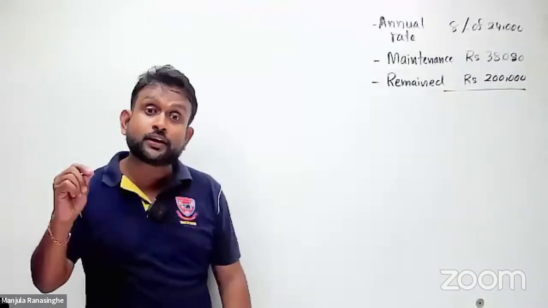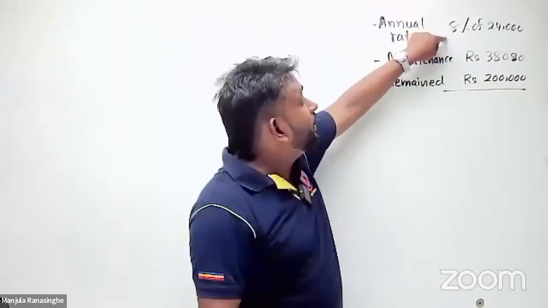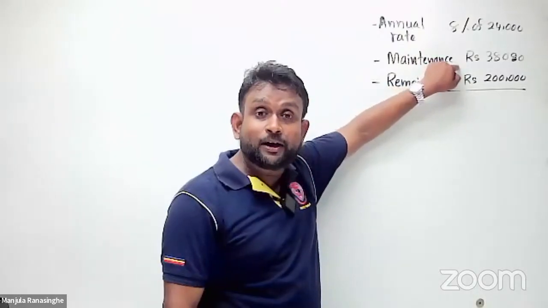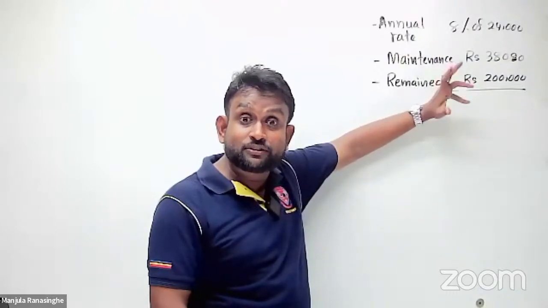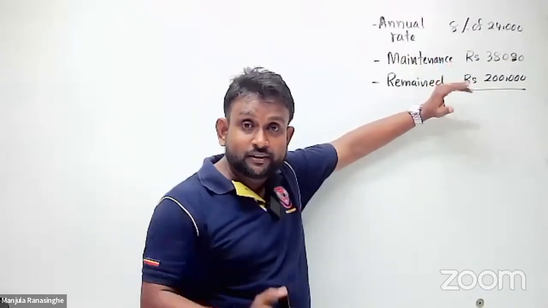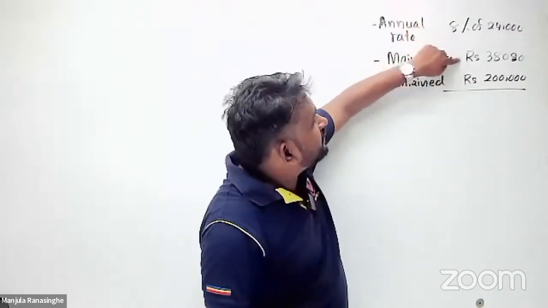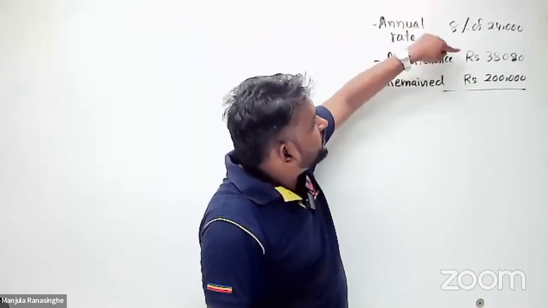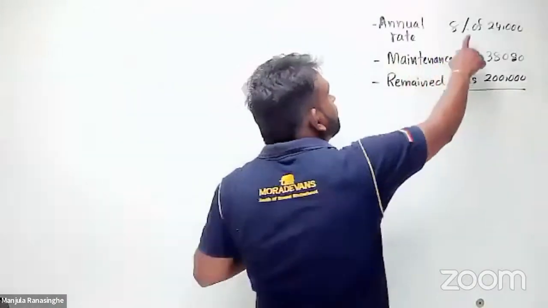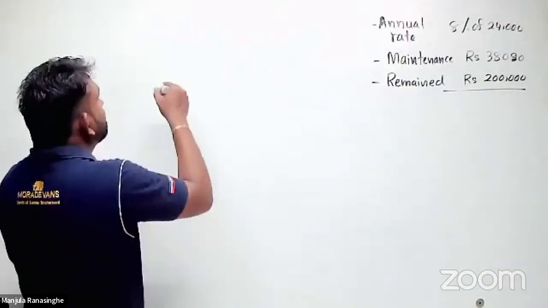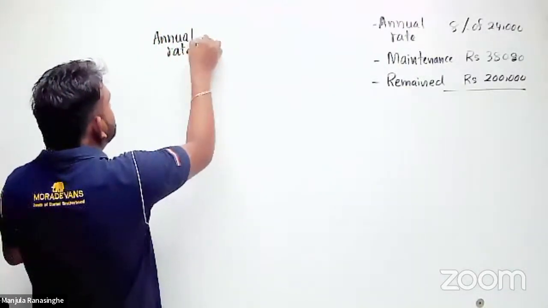The total earning of this person is the annual rate he paid, then what he spent on maintenance, and after that the remaining amount. That is how much he has earned through the rental. Monthly is the rent collected, but annually this is the total earning. Now we will calculate these three figures. First, the annual rate he paid on the assessed property.